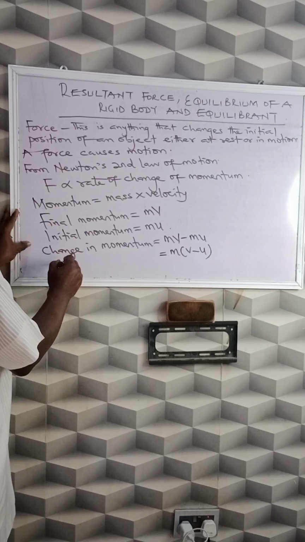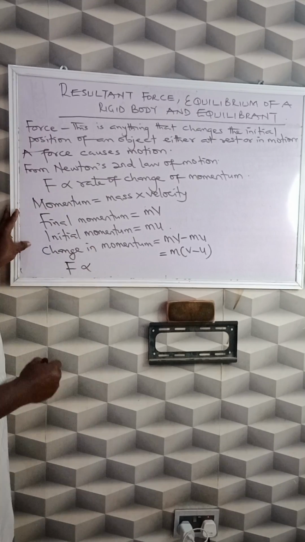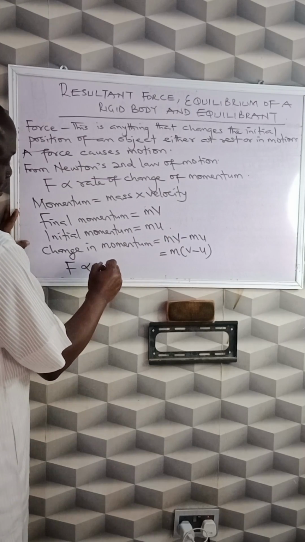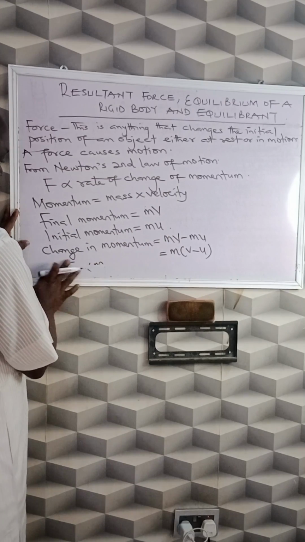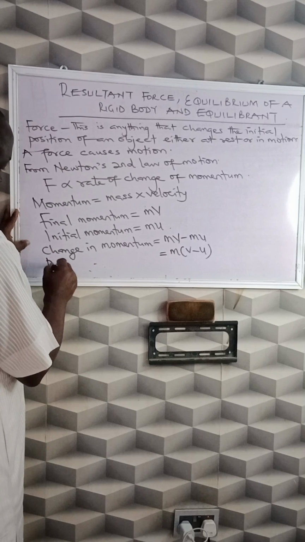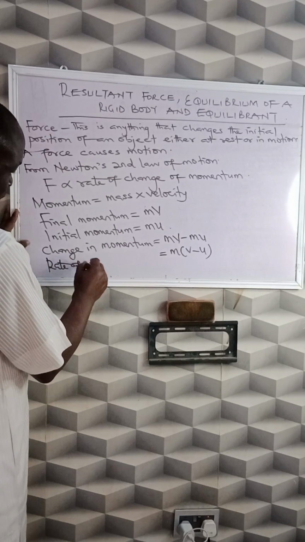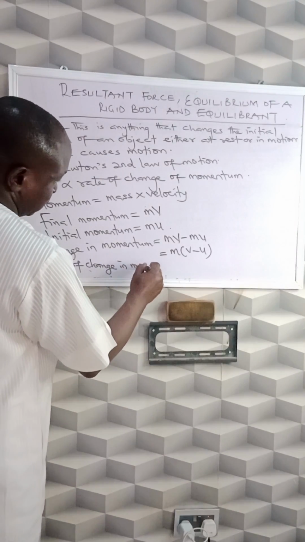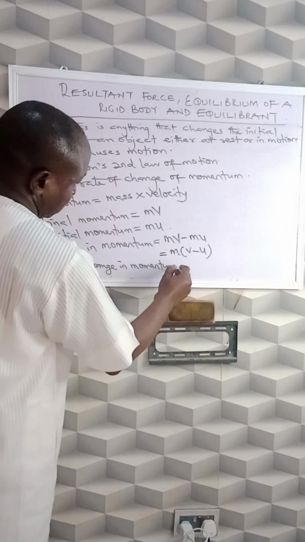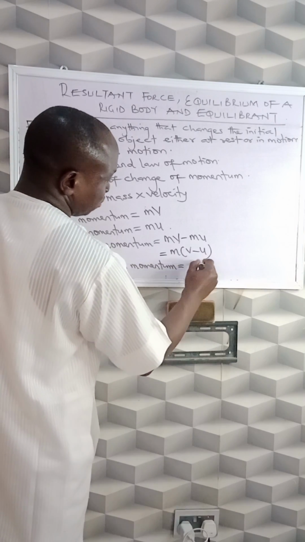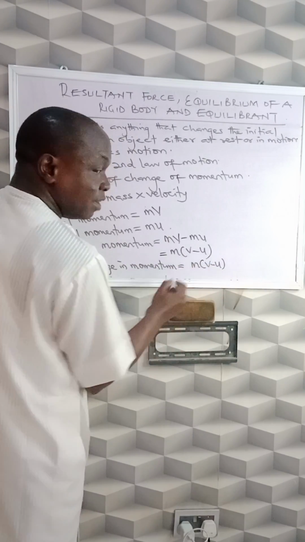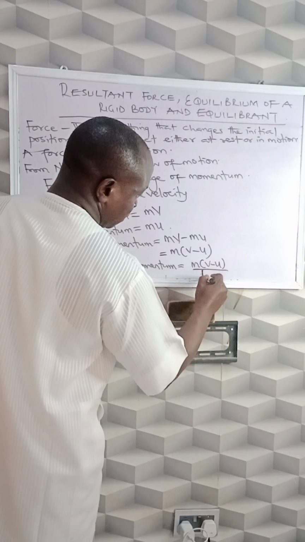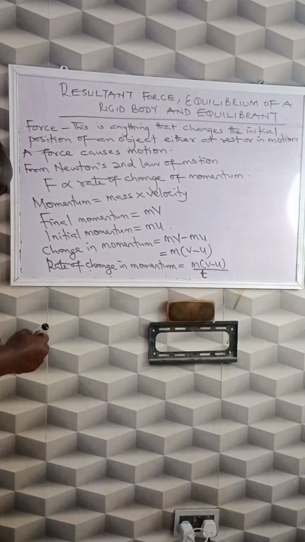So this can now be stated as rate of change of momentum. Rate of change in momentum is equal to change in momentum, all over time t.